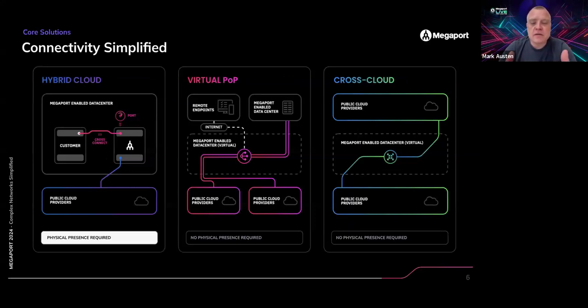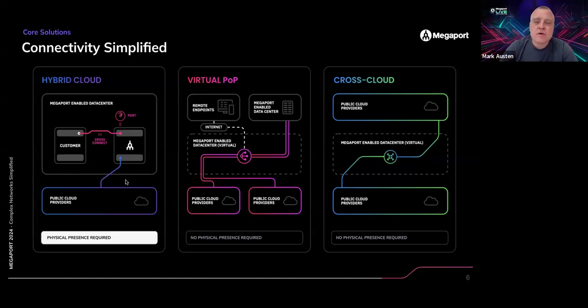With that product set, these are the three main solutions that you can build. It's not limited to this, but these are the most common that we see. On the left you have hybrid cloud connectivity, which is connecting to Megaport in one of those 860 plus data centers globally to connect that environment to the cloud provider, such as AWS Direct Connect, Google Partner Interconnect, Azure ExpressRoute, Oracle FastConnect, and on-ramps.